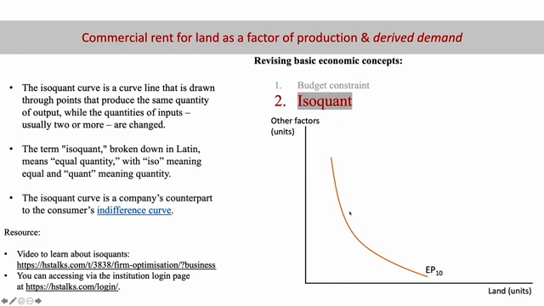Say in this case we are using land for residential purposes and for production of apartment units, for example.